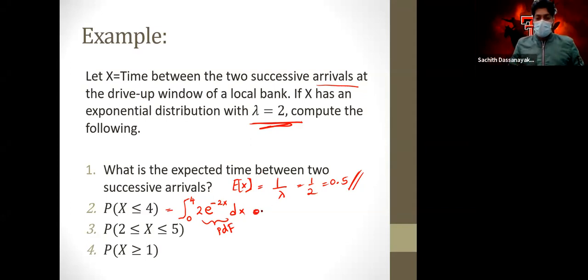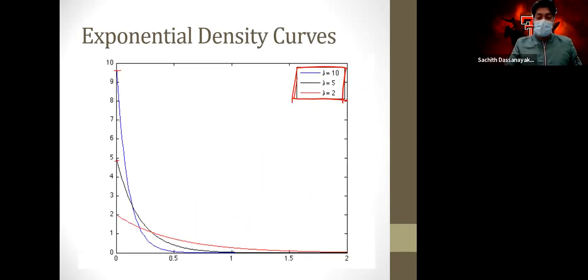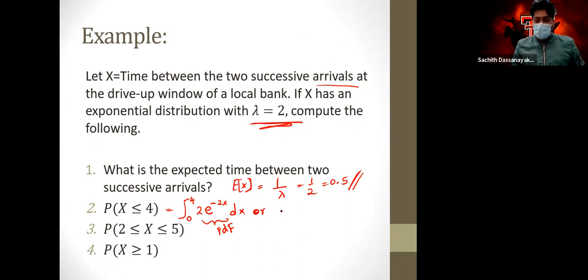Or simply you can use the CDF which they have given here. See, F of x is 0 when x values are less than 0. When x values are greater than or equal to 0, it is 1 minus e to the negative lambda x. I think this is easy.